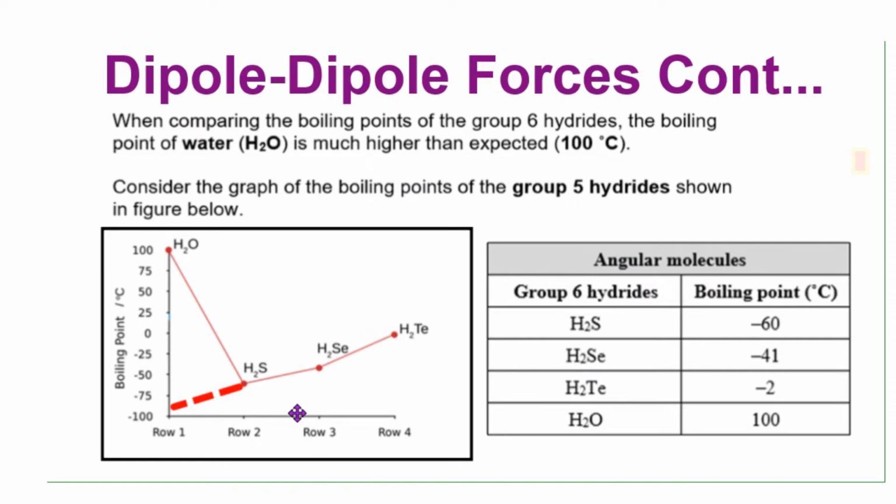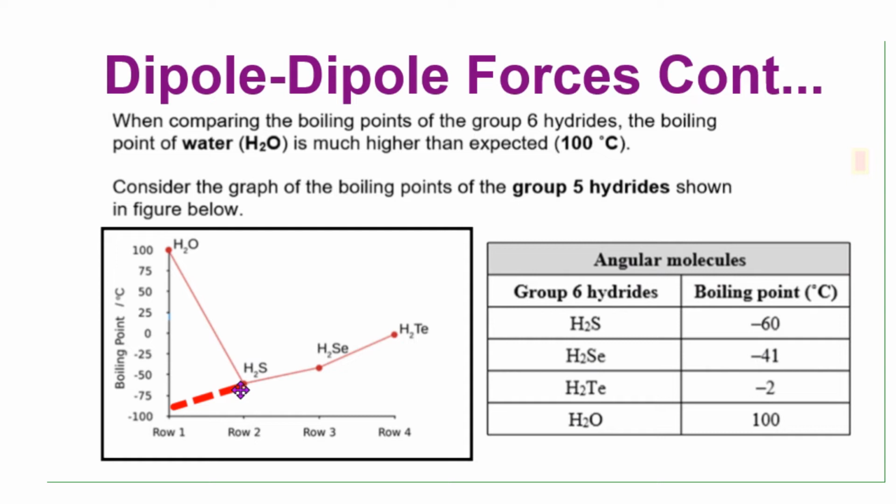So if those are plotted onto a graph, we can see a trend. So from H2S, as we move up to H2Te, the boiling point increases. Now, if we were to look at the intermolecular force between these three molecules.